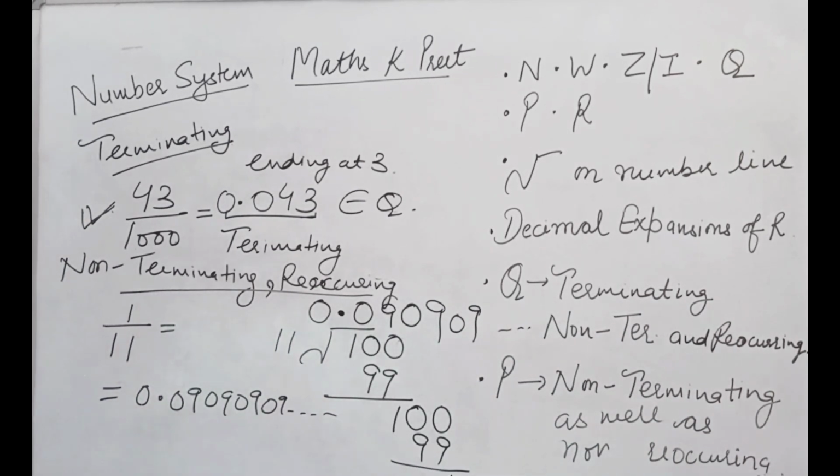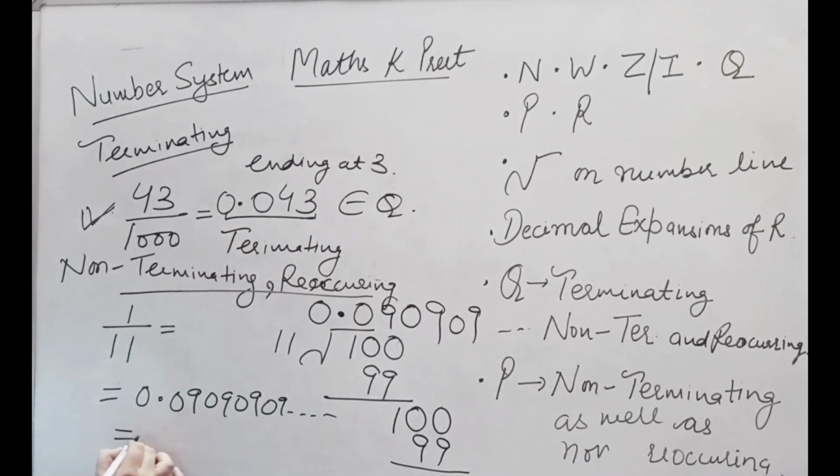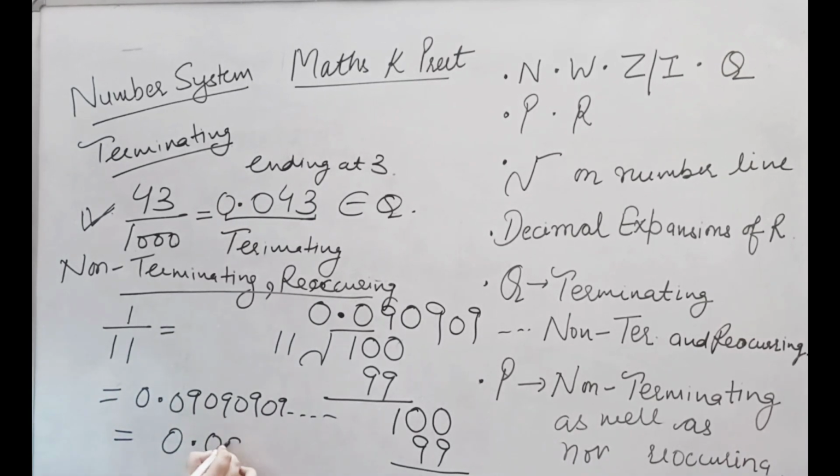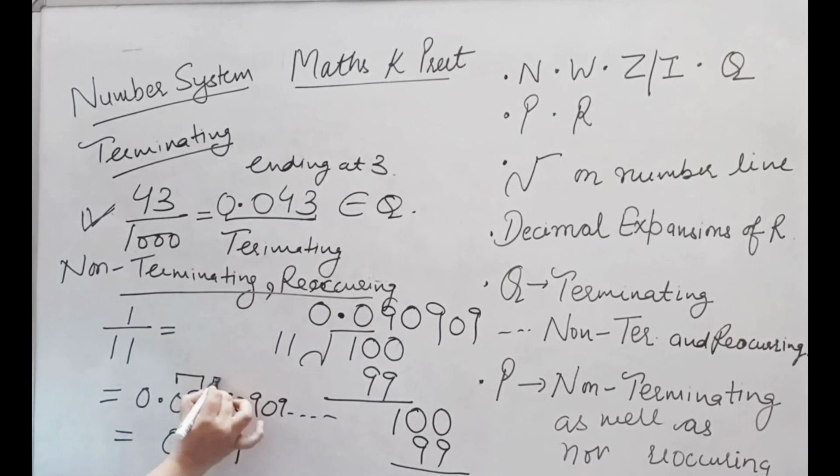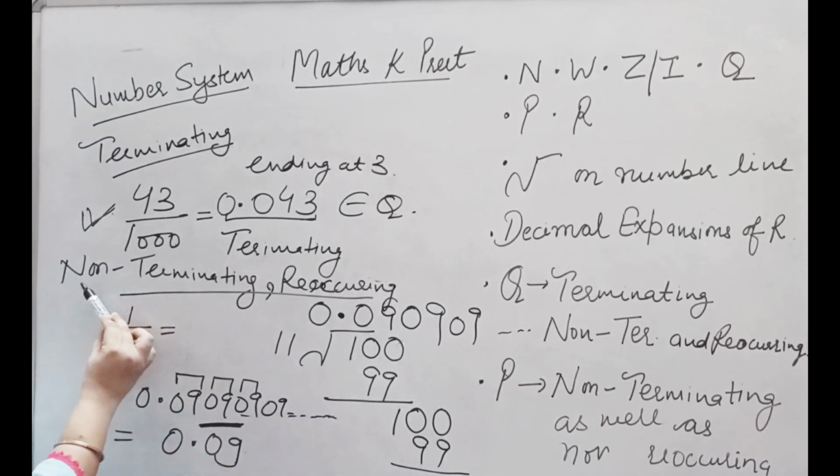So what will we do? We will write this as 0.09. Clearly two digits are repeating themselves, so we put a bar on these two digits. This means that this number is repeating itself and it is never ending. So this number is non-terminating.